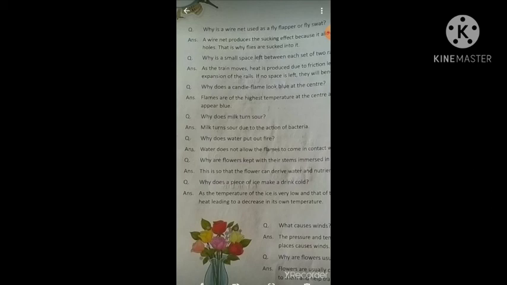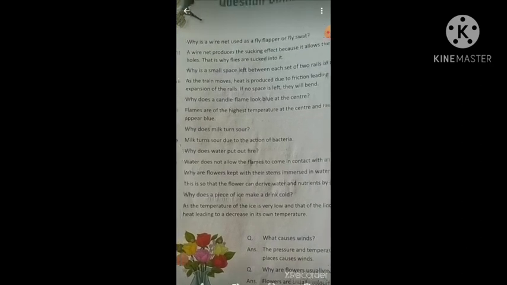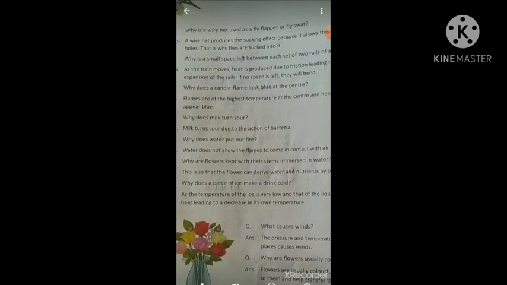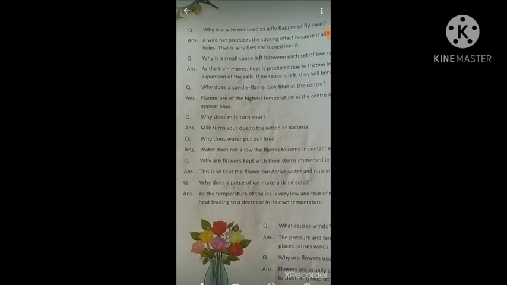That way it gets cold. Do you know why this happens? Answer is, as the temperature of the ice is very low and that of the liquid high, the liquid loses its heat, leading to a decrease in its temperature.